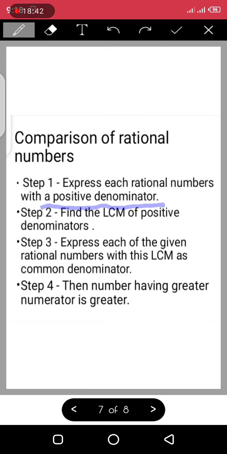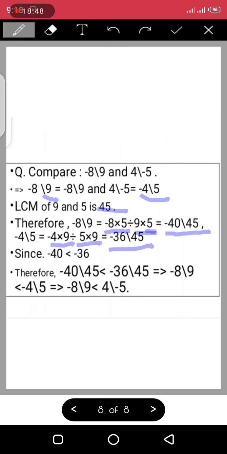Now what was the next step? The number having greater numerator is greater. Now we will compare the numerators. So here the numerators we have got are minus 40 and minus 36. So which one is bigger? Minus 36.